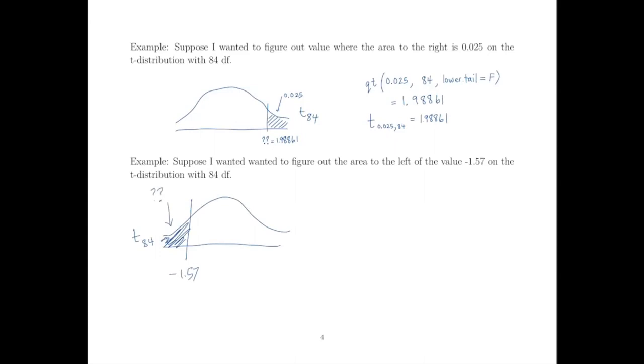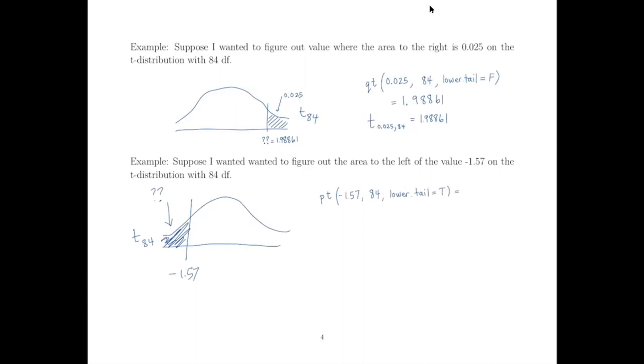In this case, because I know the value and I want the area, I'm going to use the PT command. P because I'm looking for a probability, and T because I want it on the t distribution. Then I feed in the value, minus 1.57, and give it the degrees of freedom, 84. In this case, I'm going to do lower dot tail is equal to true, and by doing that, it's going to tell me the area to the left.